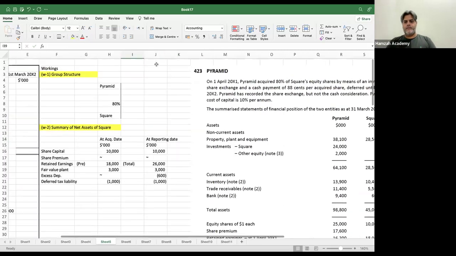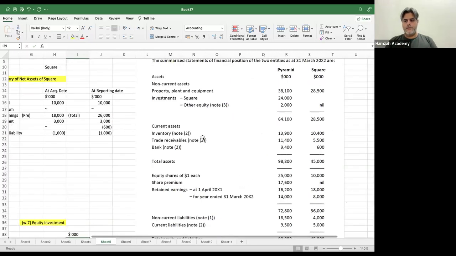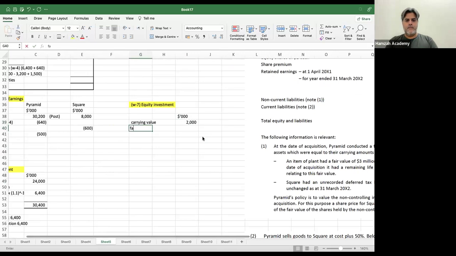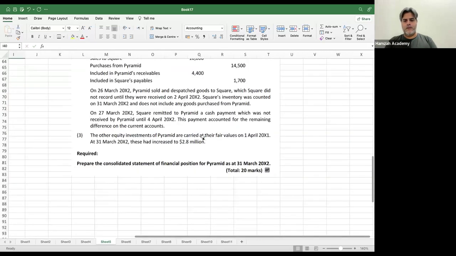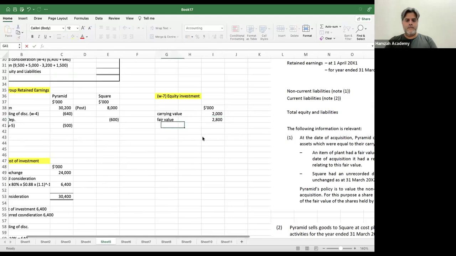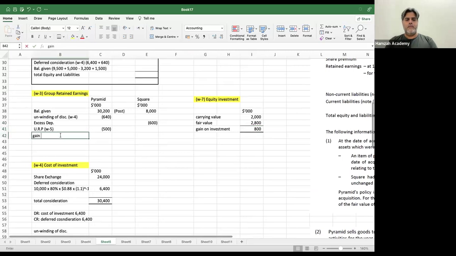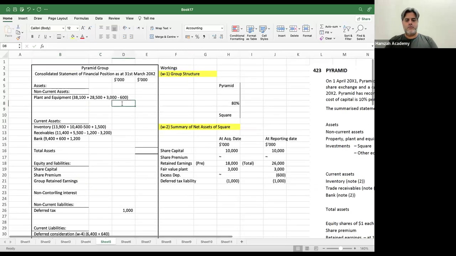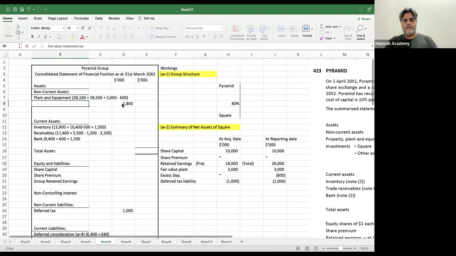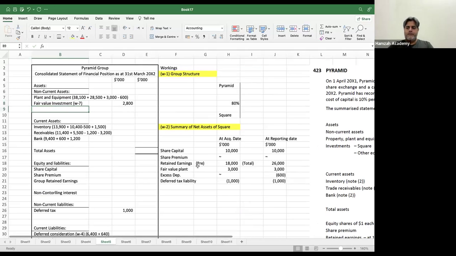We have the carrying value, 2000, fair value 2800, gain on investment 800. 2800, working 7 over here, right?